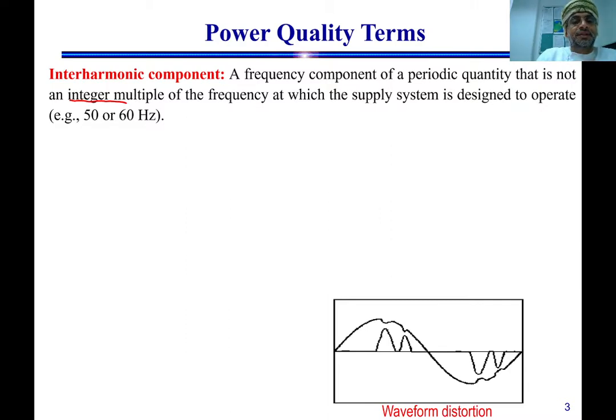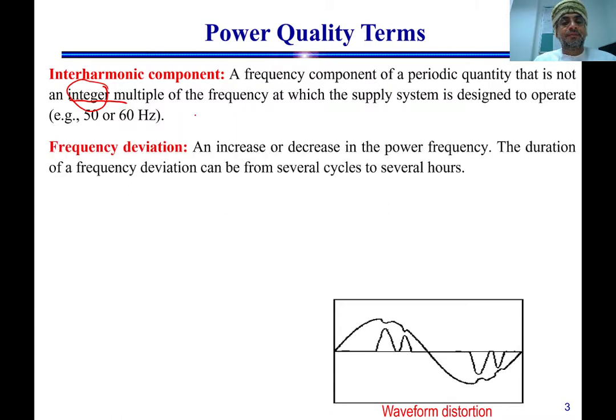But for the interharmonic, it is not an integer multiple, so it will be a fraction of that. We can have 1.5, 1.6, 2.2, 2.5, and so on times the fundamental. That's why we call it interharmonic.